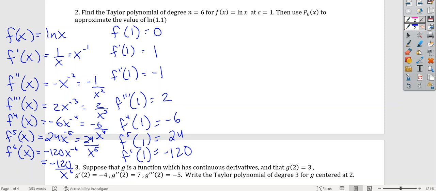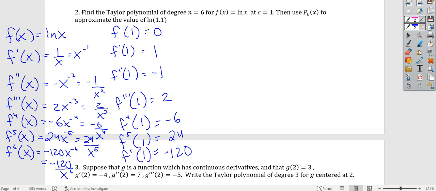So plugging in 1's not bad because it makes that denominator disappear. You're really just looking at the numerators. You do need to know that ln of 1 is 0, but when you plug in 1 here, we're getting a negative 1. From there, I'm just grabbing the numerators, 2, negative 6, 24, negative 120.